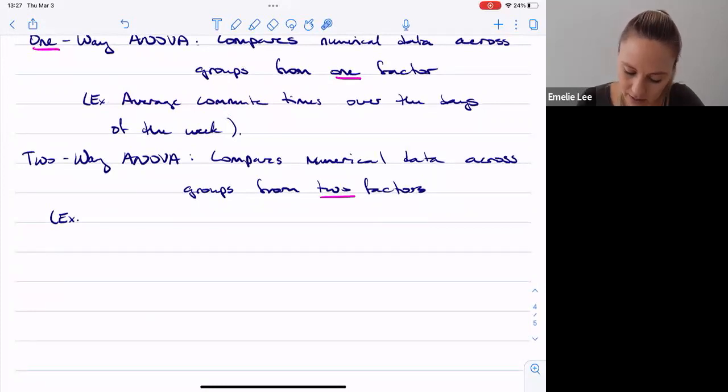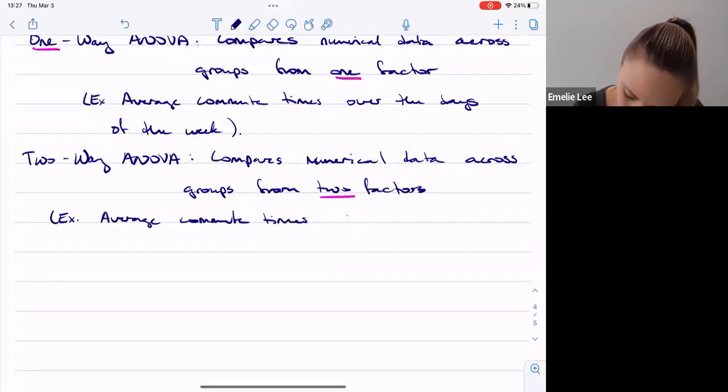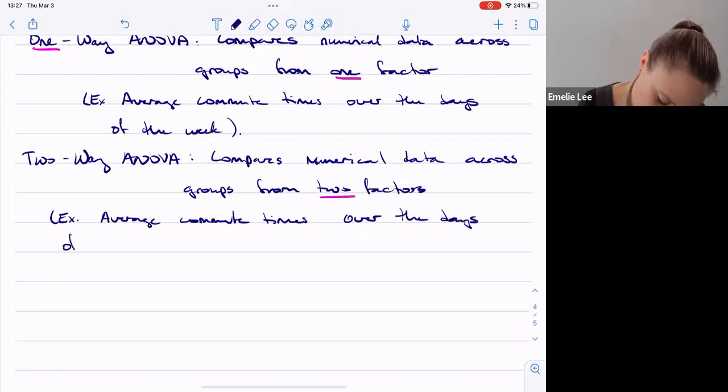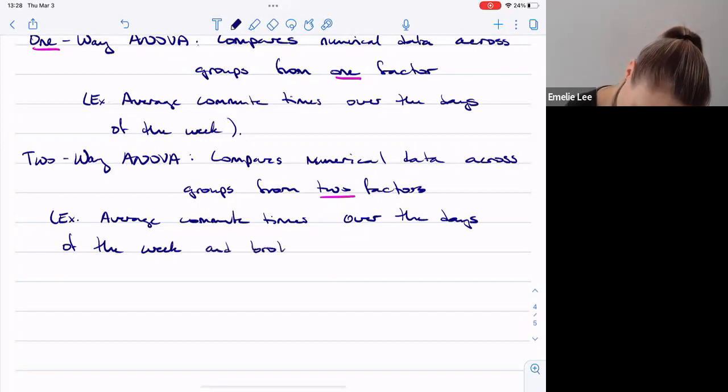Okay, so the two-way, the average commute times over the days of the week as well as broken up by the season, let's say, broken up by the 4 seasons.